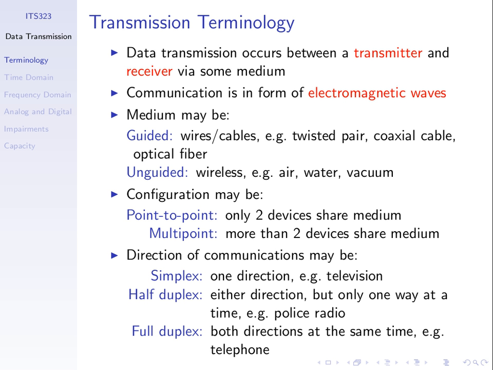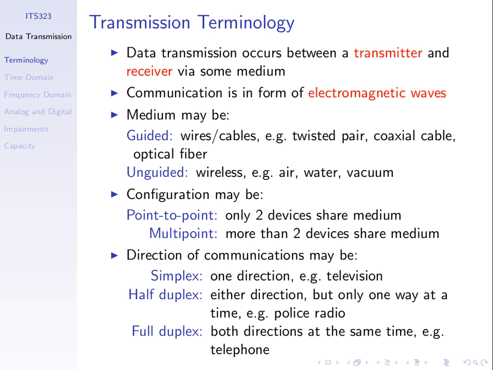What about the medium? Just some classification. This medium, the thing connecting the transmitter and receiver, may be guided or unguided. A guided medium is where the signal is guided along some path, in some direction. It is controlled in some way. The dispersion of that signal is controlled by the medium.